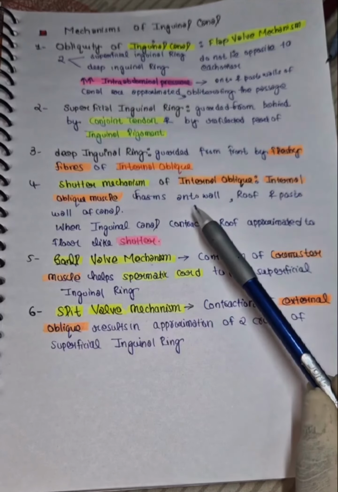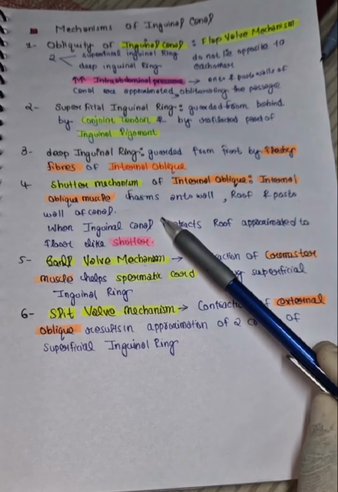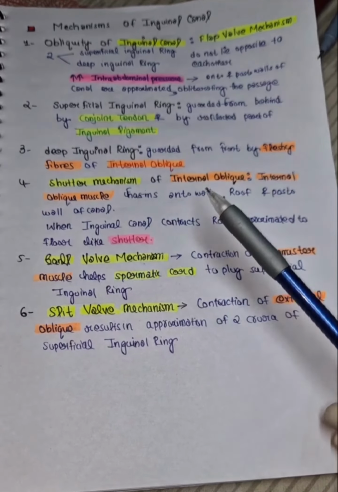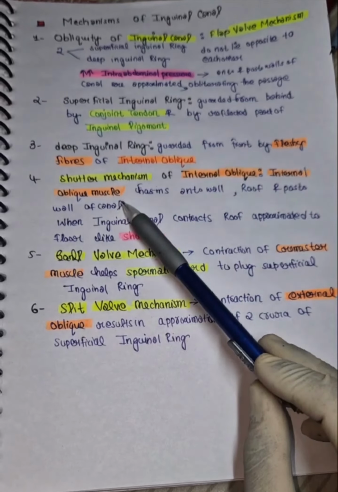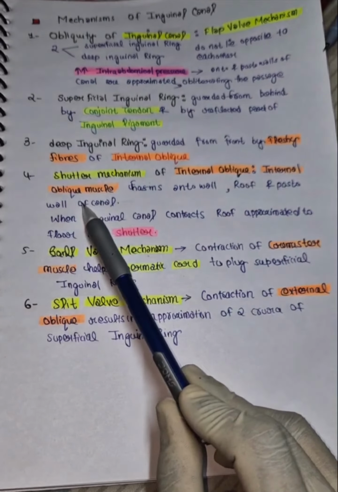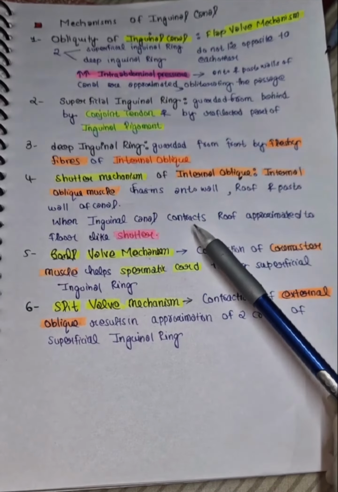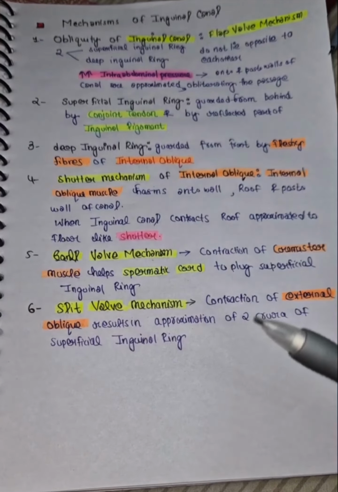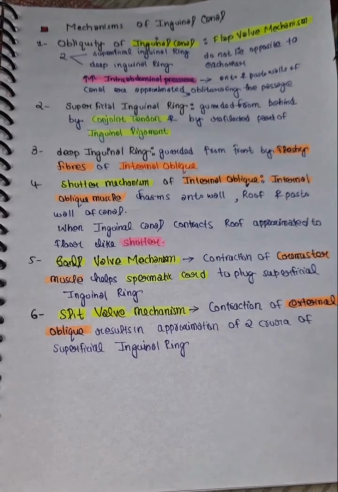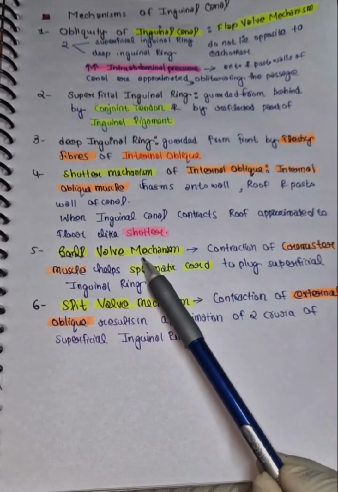We know that the internal oblique muscle has a triple relation to the inguinal canal. It forms the anterior wall, roof and posterior wall of the canal. So when the internal oblique contracts, the roof is approximated to the floor like a shutter. Now we come to the ball valve mechanism.